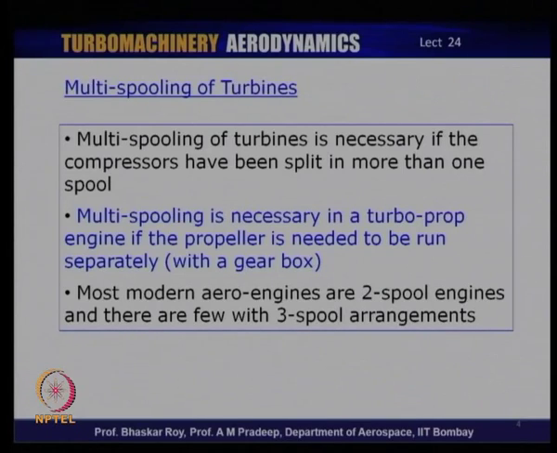If it is a military engine, one of the spools may be running at 10,000 RPM, the other one may be running at 16,000 RPM. So, this is something which is decided by the engine designer, and then a certain amount of matching between the turbine and the compressor is necessary spool wise to decide upon the split of work, the split of pressure ratio, and of course, the speed or the RPM at which each of these individual spools should be running.